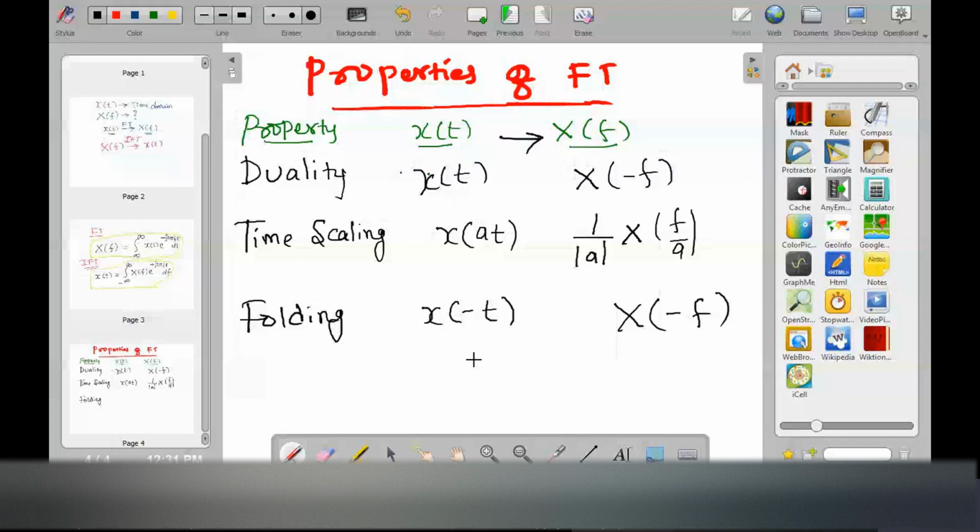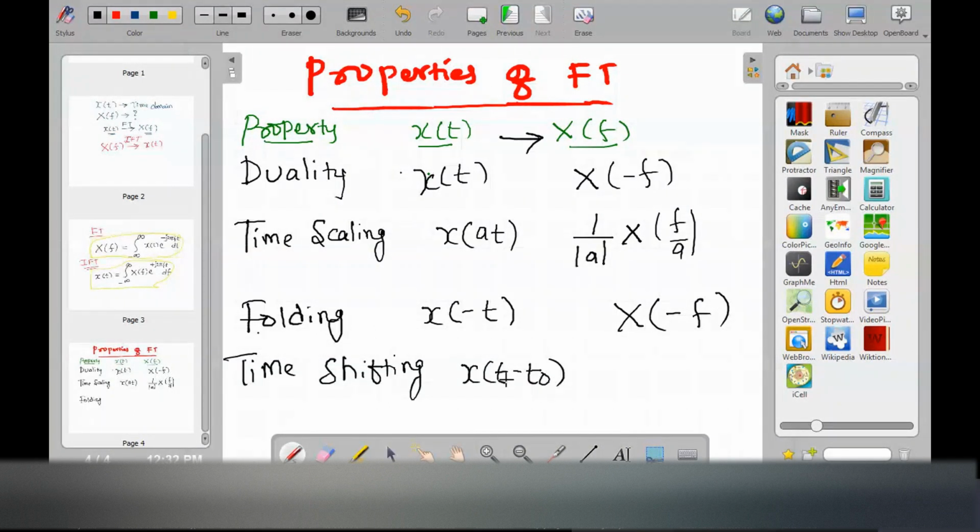And the next property is time shifting. So what is this property? x of t minus t naught.